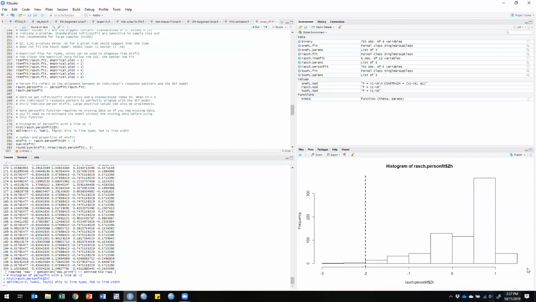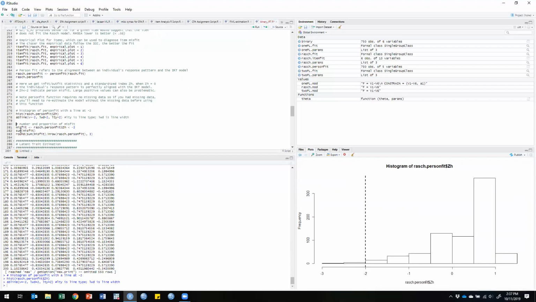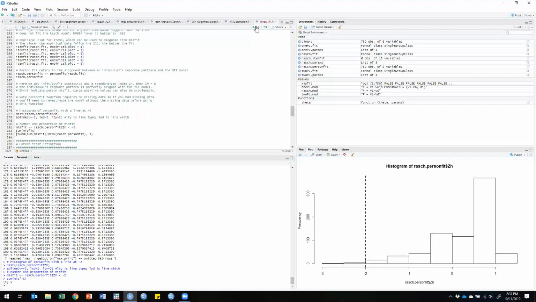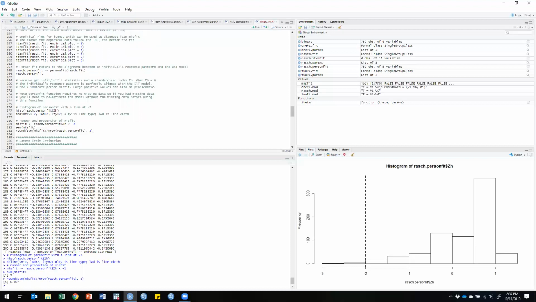We also don't have any extremely large values either, which is good, and very few people who aren't fitting the Rasch model. We're just looking for whether they're less than -2, so I'm going to get a sum of those that are less than -2, and then get a proportion. It was 5 individuals who don't fit the Rasch model.